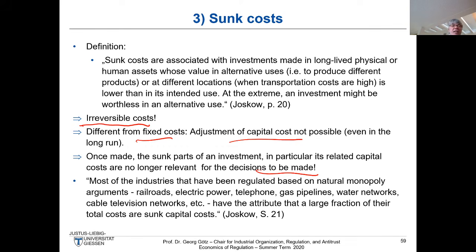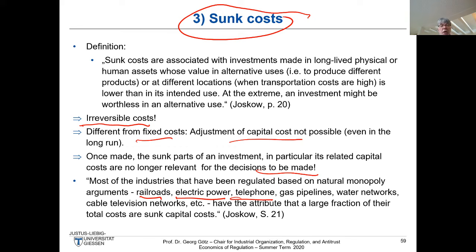Why is sunk cost so interesting to us? Because most of the industries that have been regulated based on natural monopoly arguments, so railroads, think of the tracks. Okay, the most important part is not the steel you put in there, but the construction cost you have. Electric power, similar. The power plants, they don't have much of an alternative use. The telephone is in particular the wires you have put into the ground.